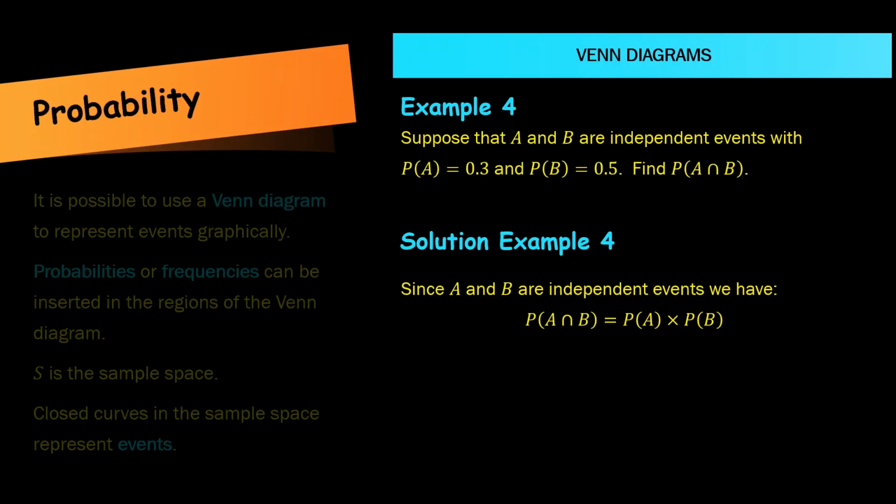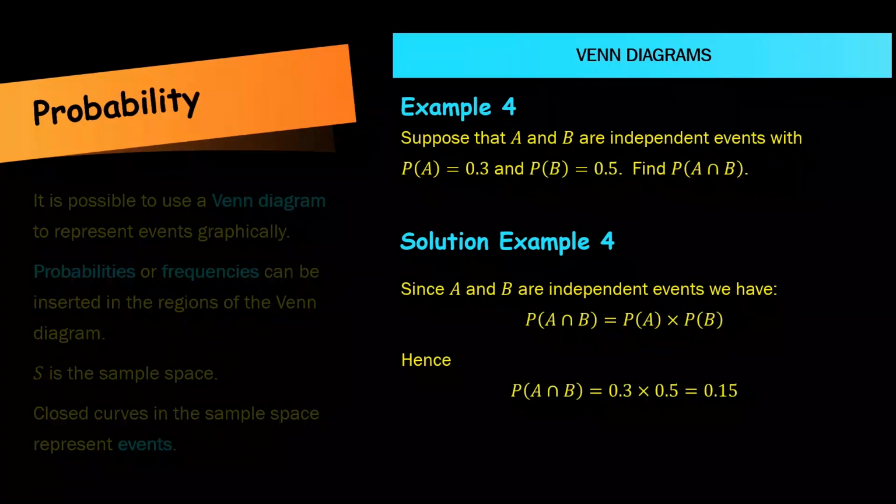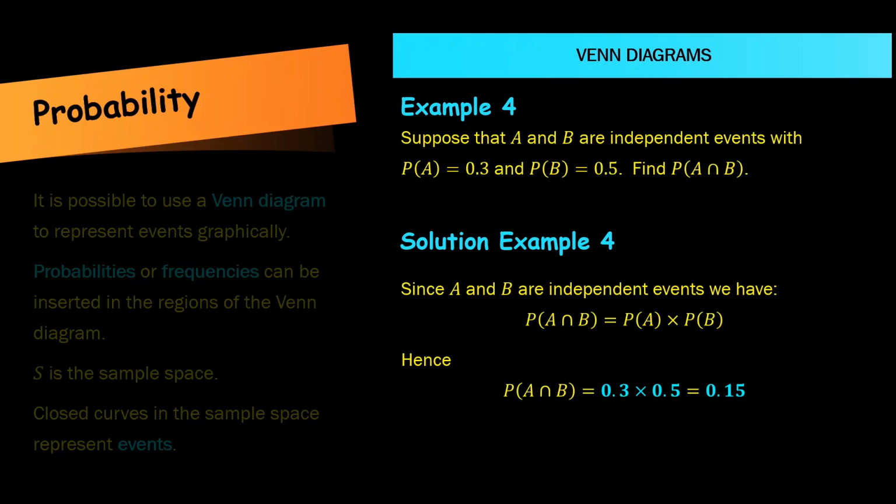And so we have 0.3 times 0.5, giving us that the probability of A intersect B is 0.15.